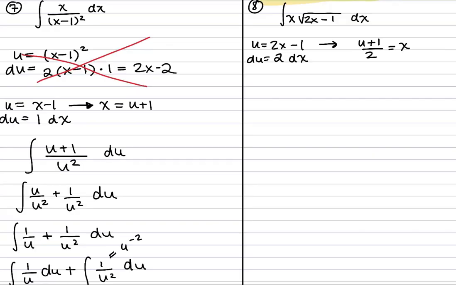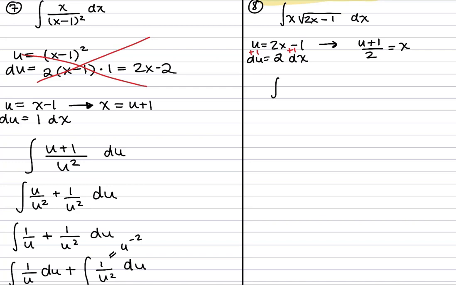I'm doing algebra, adding the 1 to both sides and then dividing by 2. I've done a lot of algebra in my day, and you guys probably have too, though not quite as much as me. So you might need to write those steps out in the beginning, and as your brain gets more warmed up to integration, you might not need to. So we got (u plus 1) over 2 as our x.